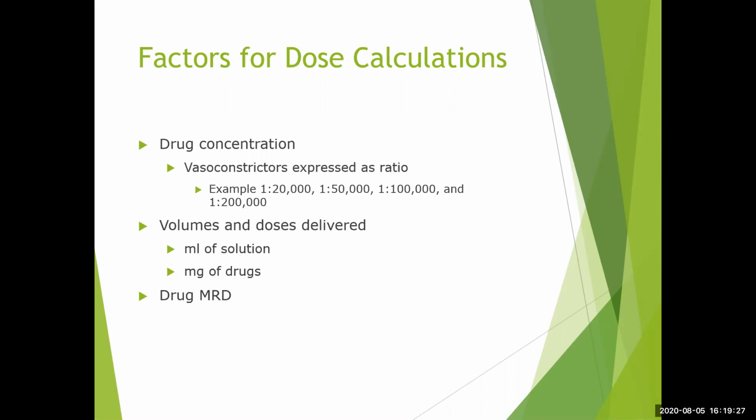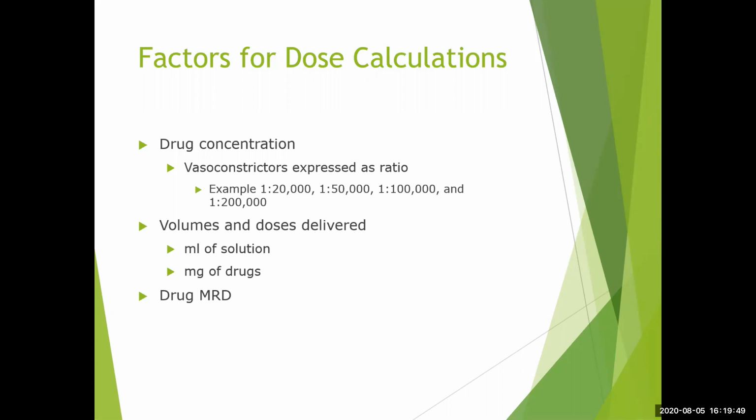Vasoconstrictors are expressed in a ratio. So levonordefrin is always in a ratio of 1 to 20,000, for instance. Epinephrine can come in 1 to 50,000, or 1 to 100,000, or 1 to 200,000 concentration. 1 to 50,000 is the strongest of those.